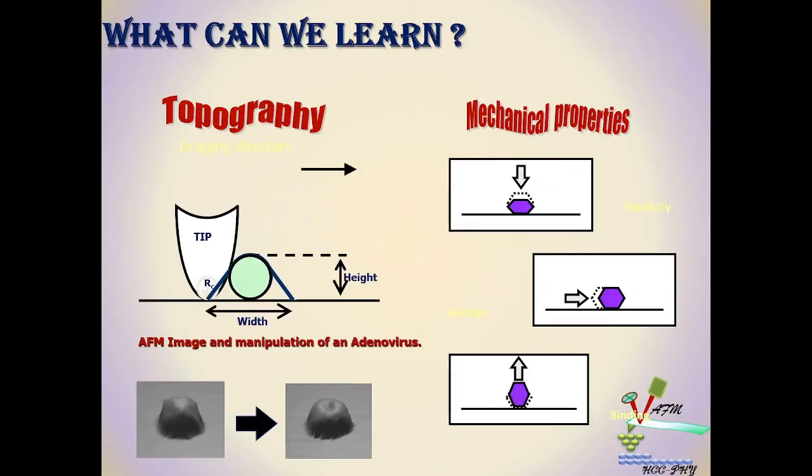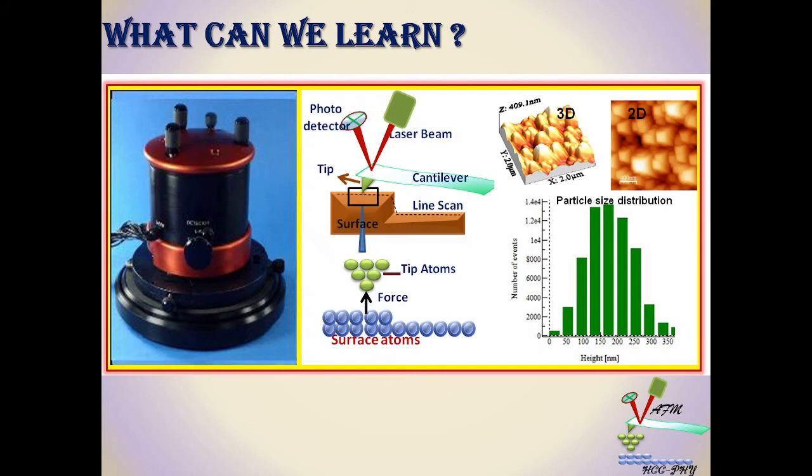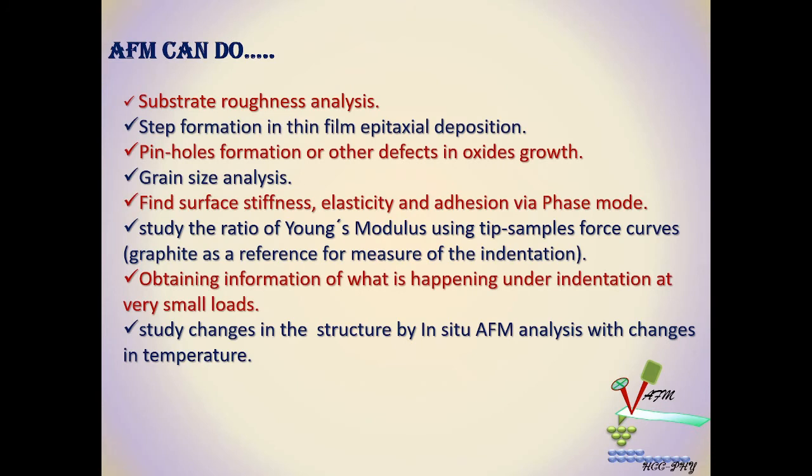What can we learn from the atomic force microscope? We can get the topography and mechanical properties, the particle size distribution, and 2D and 3-dimensional images. We can get the substrate roughness, and layer by layer coating can be analyzed, along with pinhole formation or other defects in oxide growth.